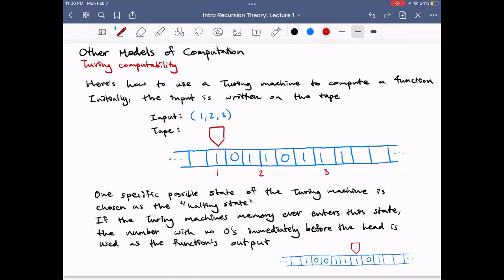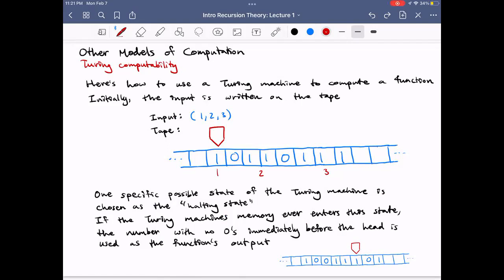Next, there's some particular state of the Turing machine which we call the halting state. If the contents of the Turing machine's memory is a big H, then we'll assume that the Turing machine is ready to stop. If the machine's memory ever enters that state, then we stop and get the output, and that will be the output for our function.